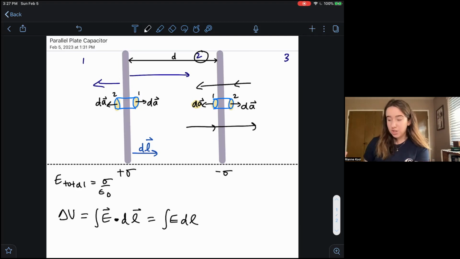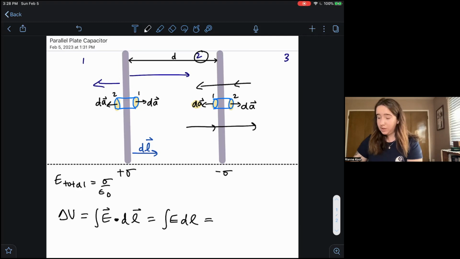So what's changing is this dl, which is just an infinitesimally small length that stretches from the positive to the negative. But we are already told what that distance is, and it's that distance d. So we know what our E is, and now we know what our dl is. When we integrate over this distance dl, we are left with d.